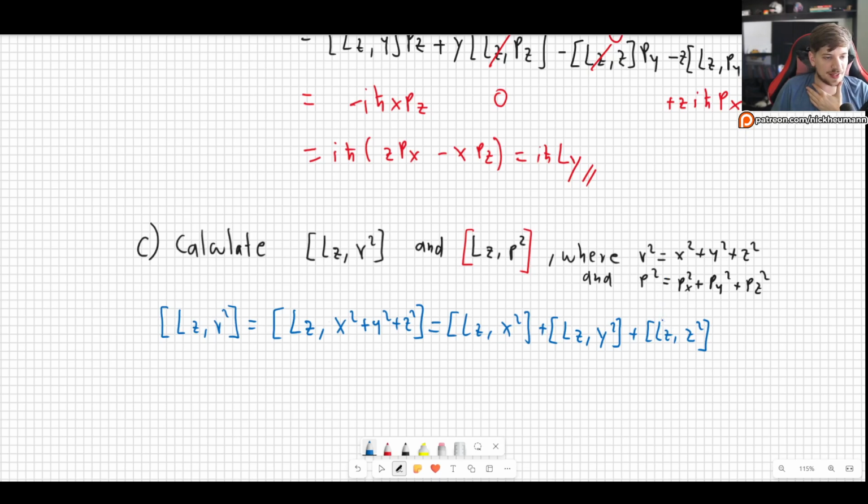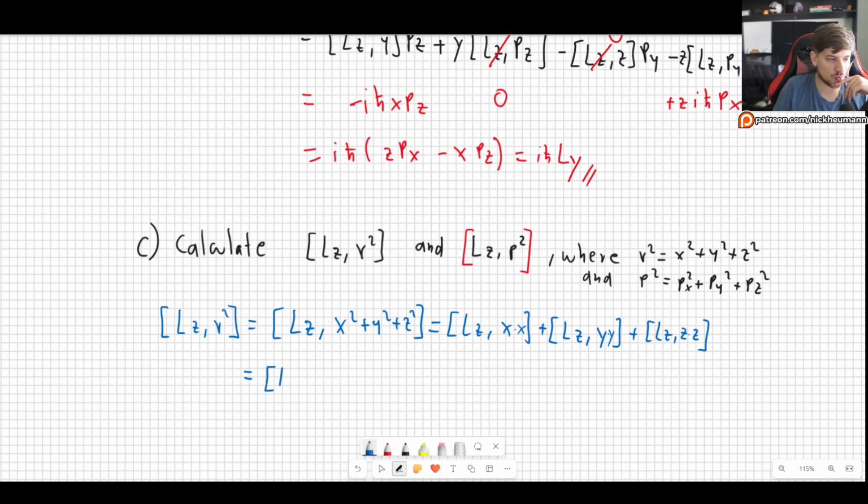Okay, and now we are going to write each one in the following way. This is going to be x times x, this is going to be y times y, and z squared is going to be z times z. The reason we do that is because that way it becomes much more apparent that we once again want to use the same property of separating the commutator, or rather taking an element out of it.